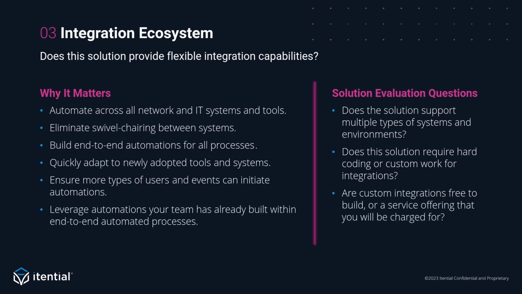Third point is around the integration ecosystem. And this goes beyond just being able to talk to different network domains, because what we see as people begin to become more sophisticated in the way they're doing their network automation and orchestration use cases is they're finding significant advantages to being able to connect to systems and tools that already exist in their environment.